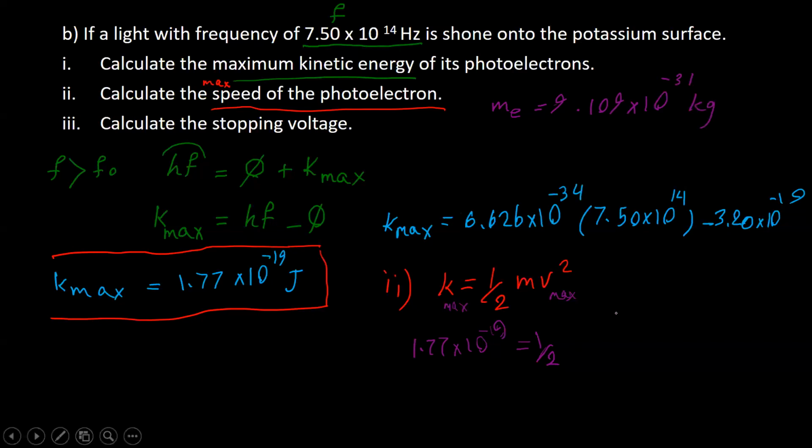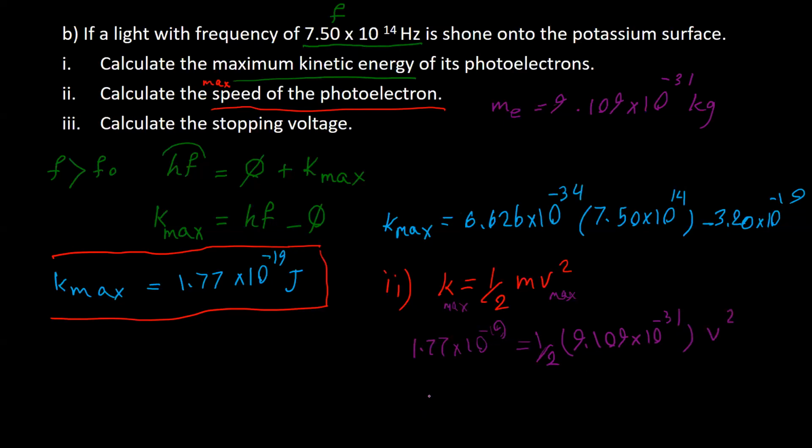I just put the mass of electron here for m, 9.109 times 10 to the power minus 31, and then v squared.